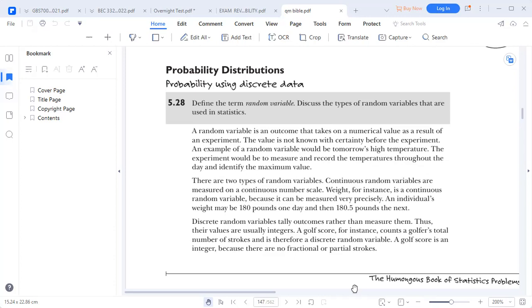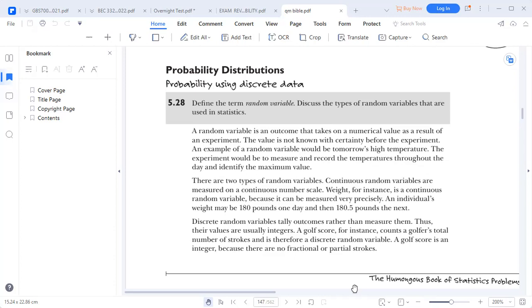So these ones have a continuous scale. Weight is an example of what we call a continuous random variable. Time also is one of them. Liters of water, those are continuous random variables.